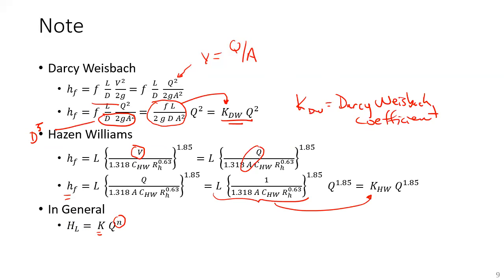If it was just friction losses, that power would be 2 for the Darcy-Weisbach equation, and it would be 1.85 for Hazen-Williams. And the K values would correspond to K_DW up above, or K_HW, which you see also above.